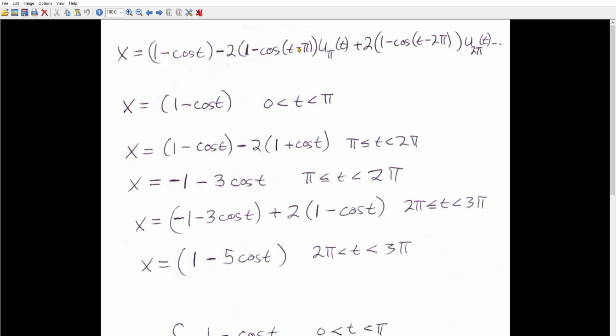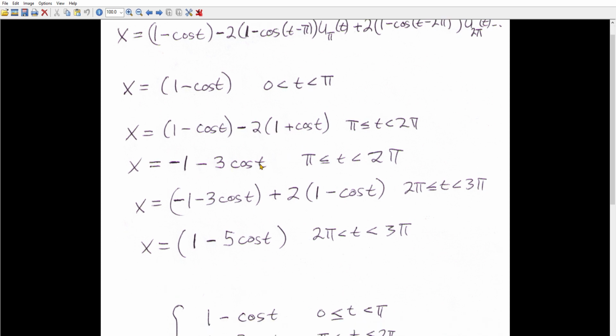Now cosine of t minus pi is minus the cosine of t because that's halfway around, and we pick up a 1 plus cosine t term here times this 2, and that's what we've got when pi is less than or equal to t is less than 2 pi. And now doing some simplifying, 1 minus 2 is minus 1, minus cosine t minus 2 cosine t is minus 3 cosine t. And that's the expression that we've got between pi and 2 pi.